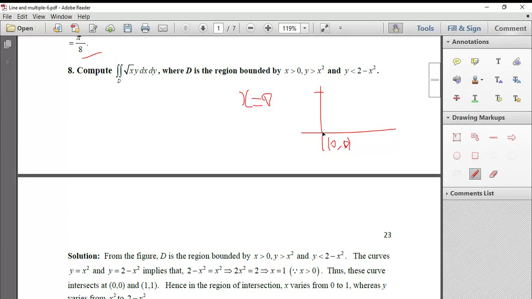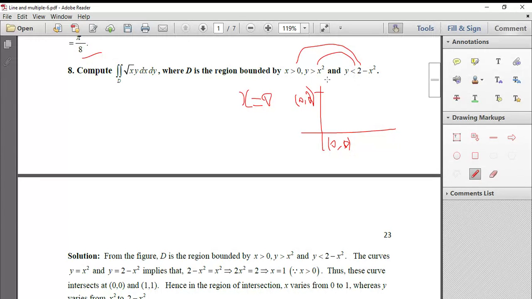Y is equal to x square will be a graph of this form. Right? And where will these two intersect? That is another question. These two will intersect at 0, 0. These two will intersect at 0, 2. I just substituted x equal to 0 in these two. That's it. Now the question is where these two will intersect.